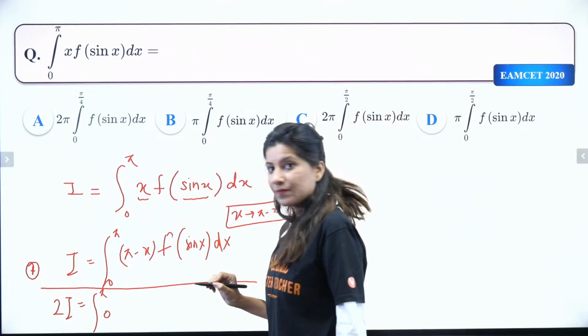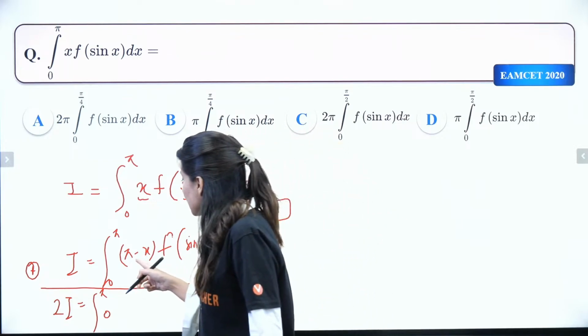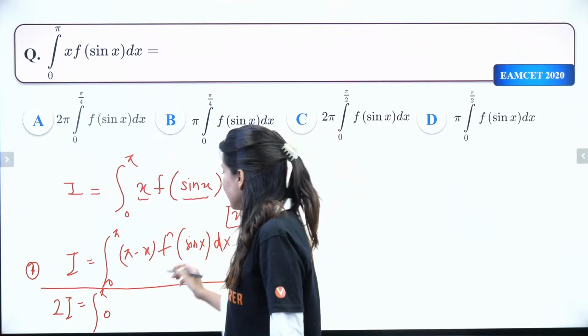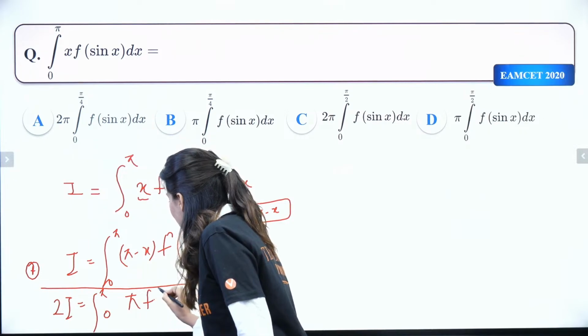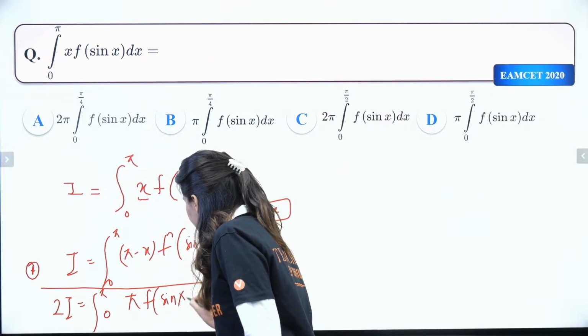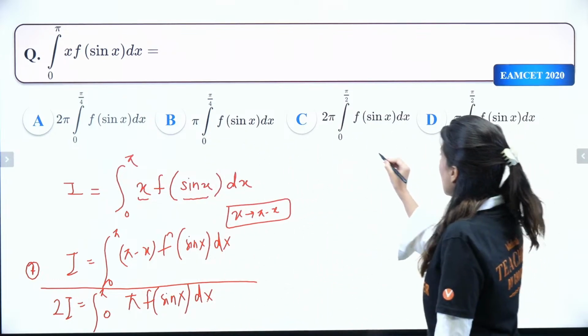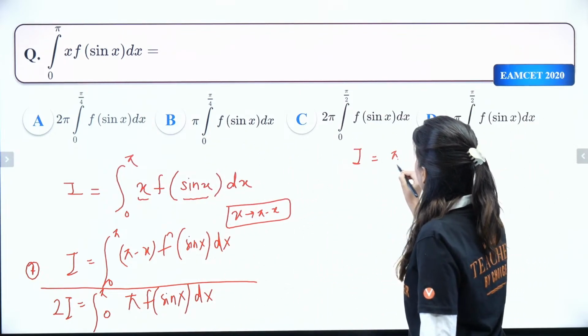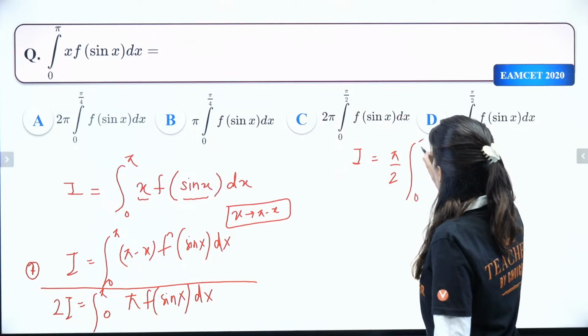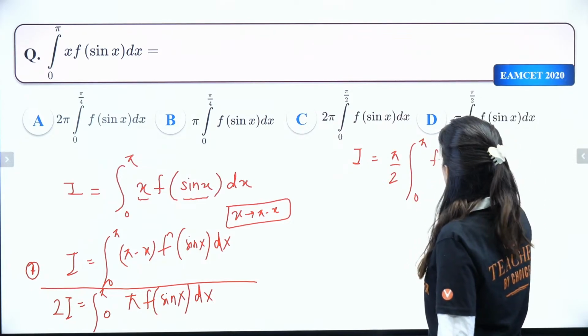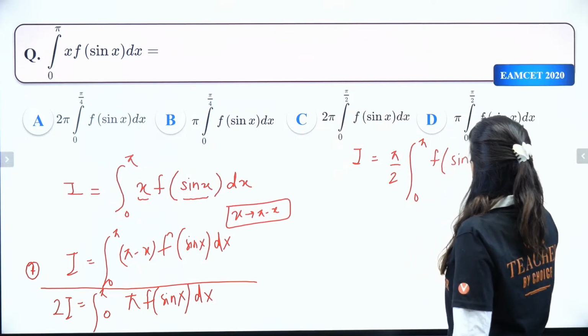So what we are left with is pi times f of sin x dx. This is your 2I, correct? So I will be equal to pi by 2, let's take it outside, the integral from 0 to pi of f of sin x dx.